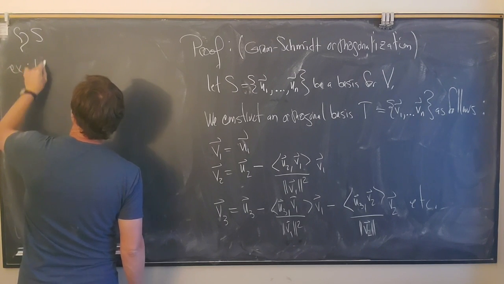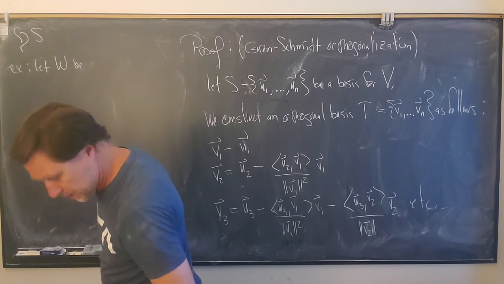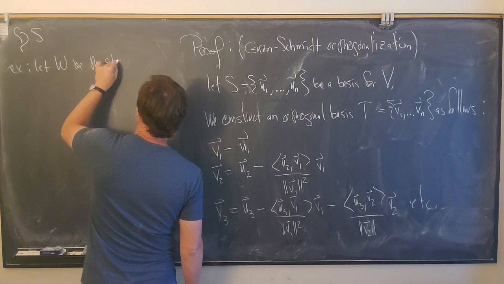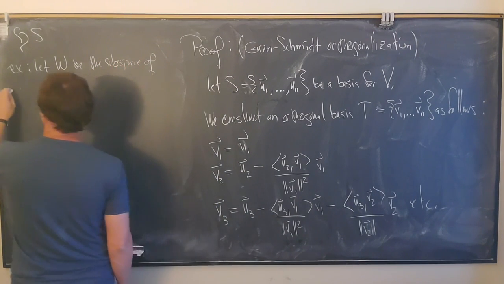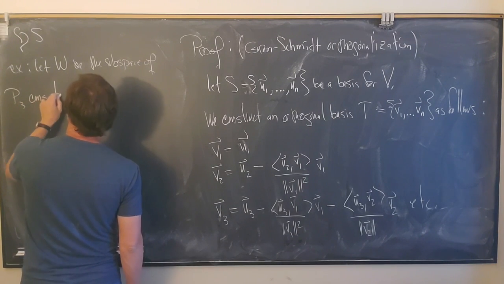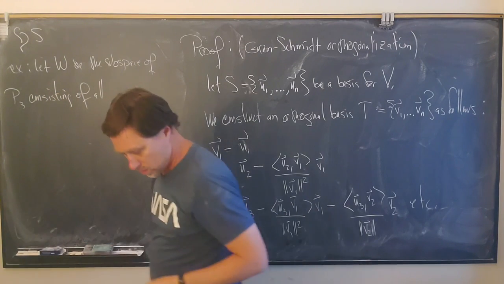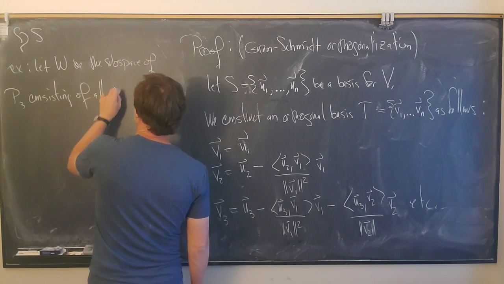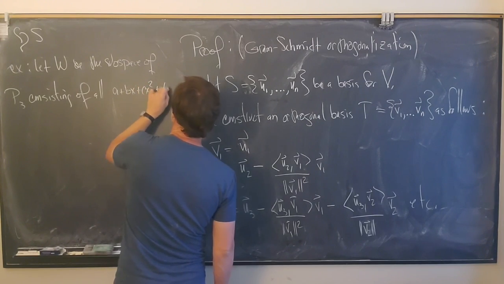Let W be the subspace of P3 consisting of all polynomials of the form a plus bx plus cx squared plus dx cubed.